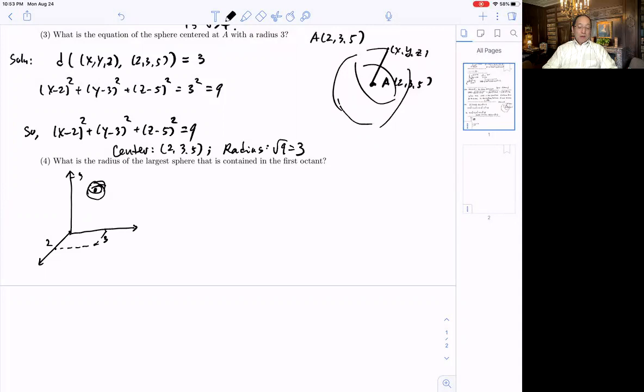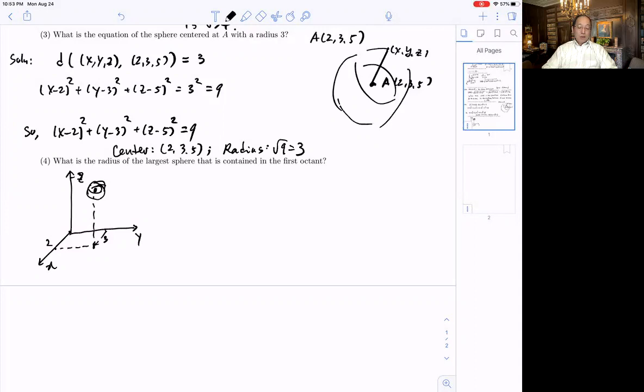Now, we already know what these coordinates mean. 2 means the distance from this point to the YZ plane is 2. 3 means the distance from this point to the XZ plane is 3. And 5 means the distance from this point to the XY plane is 5.